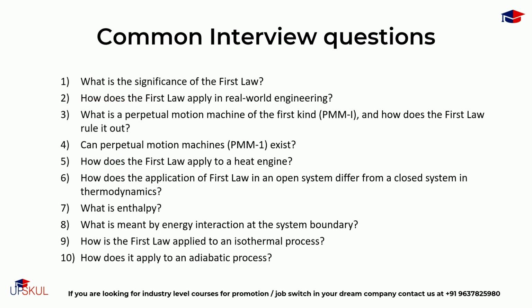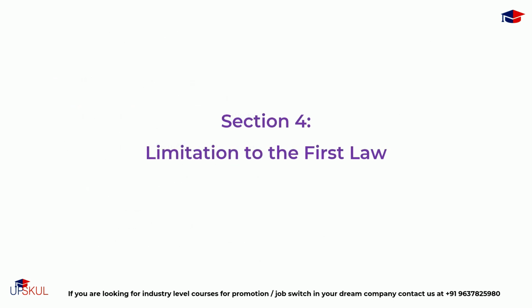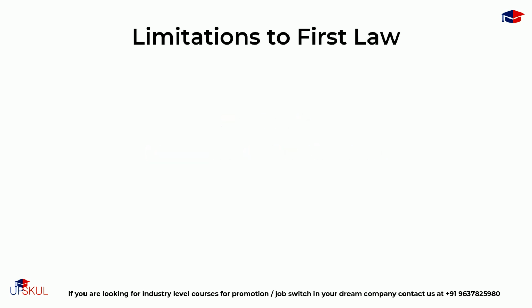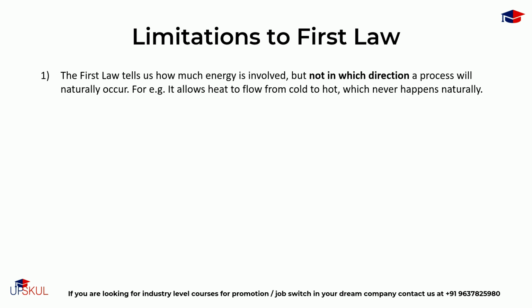Now we will move to the limitations of the first law of thermodynamics. The first law tells us how much energy is involved, but it does not tell us in which direction a process will naturally occur. For example, it allows heat to flow from a cold body to a hot body, which never happens naturally.